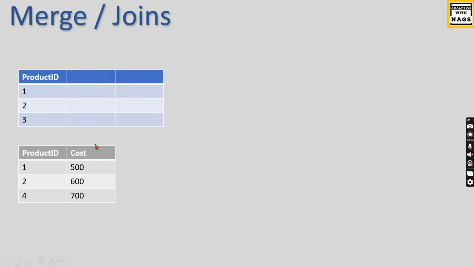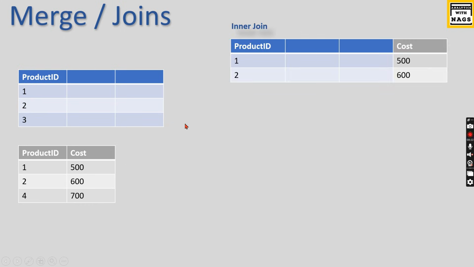Now what kind of join you need to use depends upon what kind of output you expect. So inner join will produce this output, meaning you have all the matching records from both the tables, only those matching records will be available.